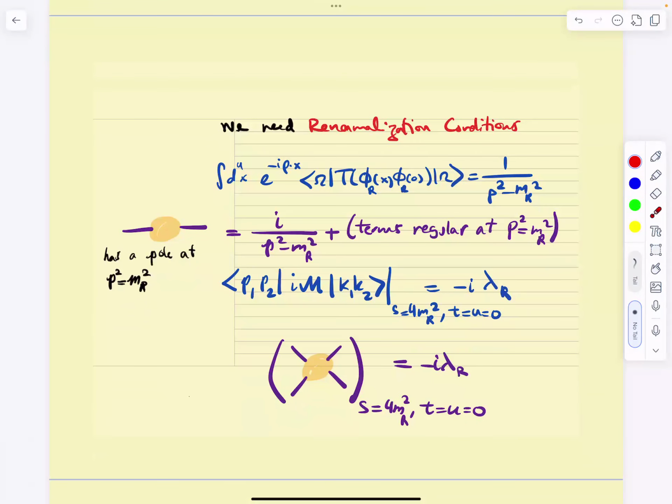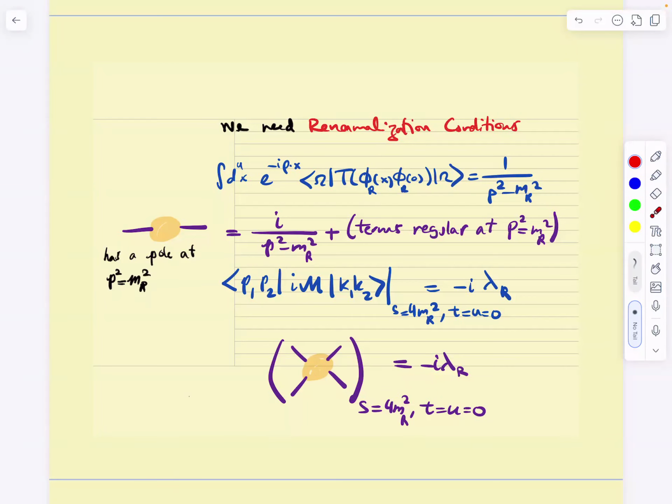Now we have renormalization conditions. A renormalization condition is the statement that, if what we're doing is correct, the 2-point function of the renormalized field in momentum basis should look like 1 over p squared minus m_r squared plus terms that are finite.